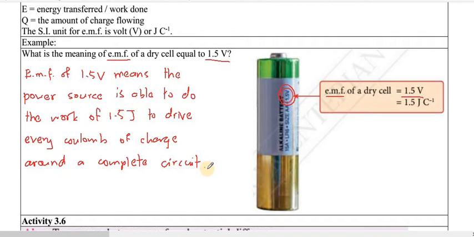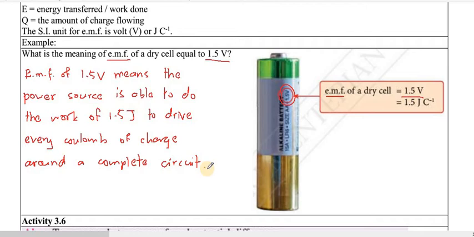Basically, it means that the power source can provide every 1 coulomb of charge the energy of 1.5 joule. Okay, the electrical energy of 1.5 joule, that is what it means.